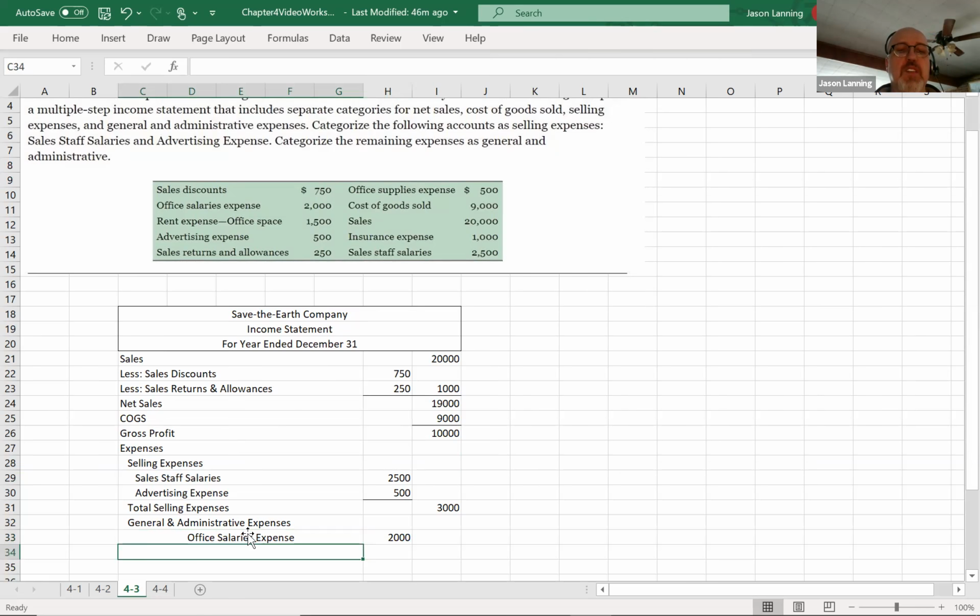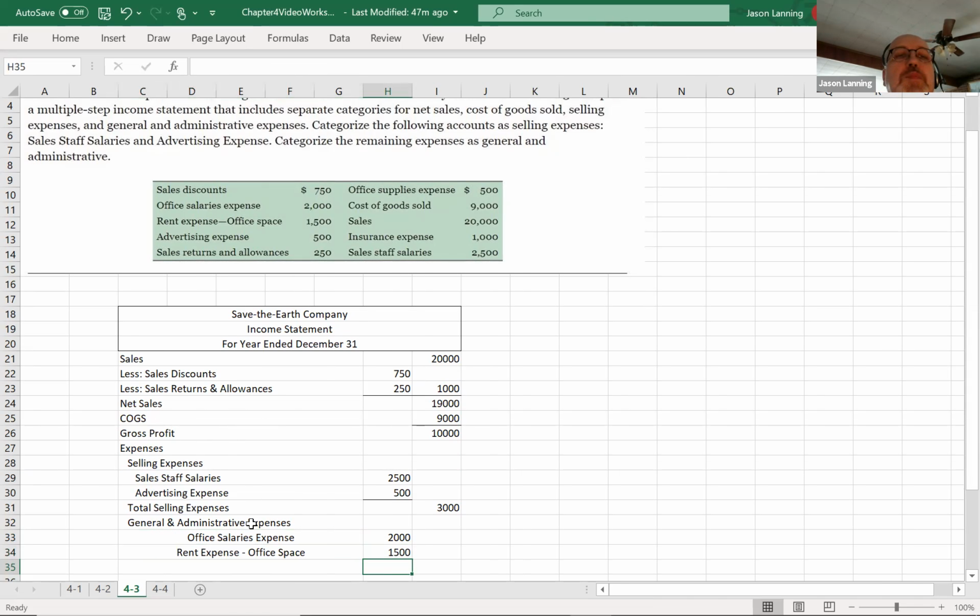All right. And then we have rent expense for the office space. Rent expense, office space, and that is $1,500. So let's see, advertising was in selling. Sales returns and allowances were used.